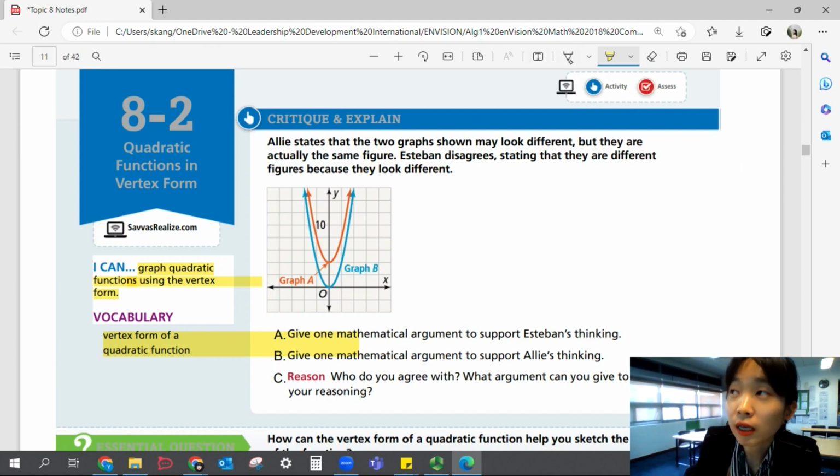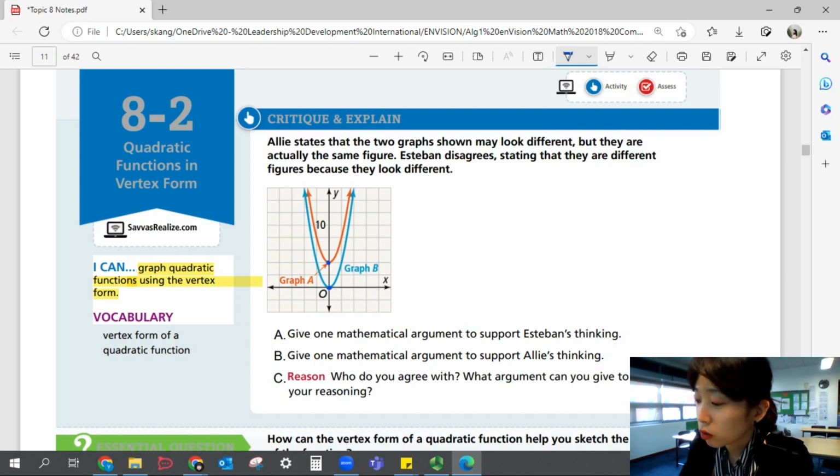So we're looking at what's different, what makes it different. So they look different, but they also look similar. But what are the things that you notice that are different? Probably the vertex, right? So when x is equal to 0, the y's are different. When x is equal to 1, the y values are also different.